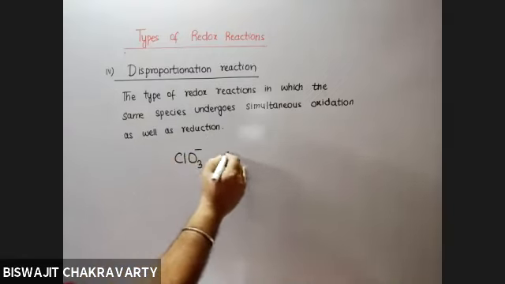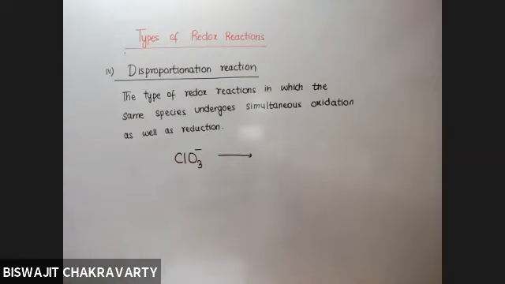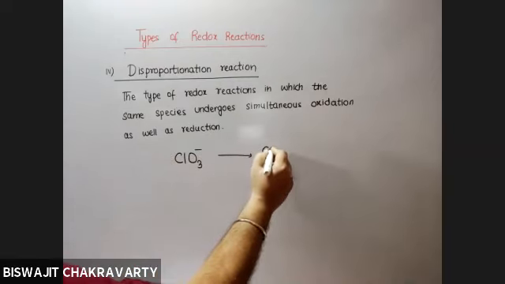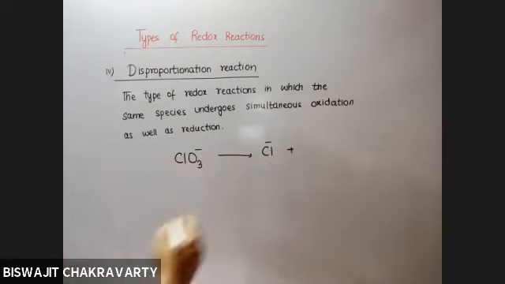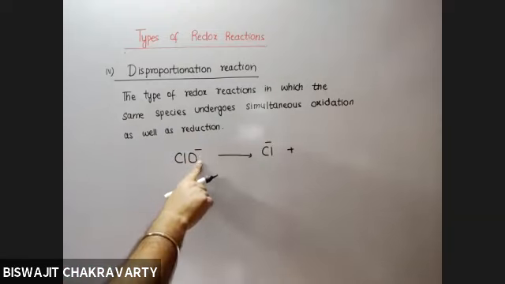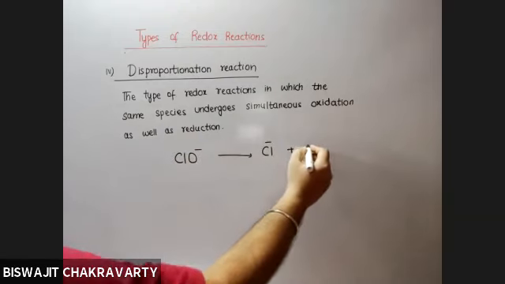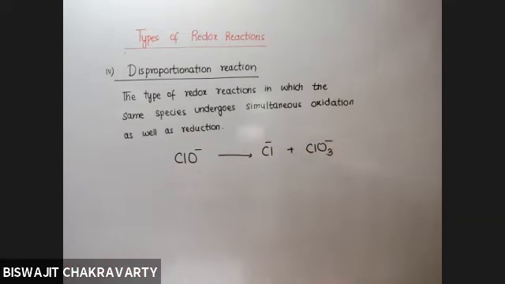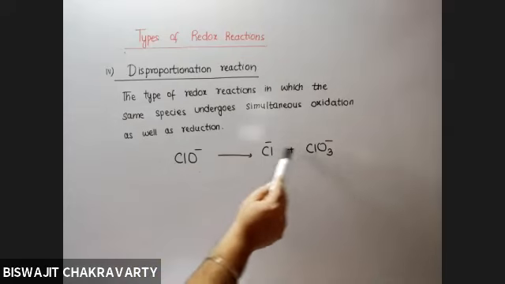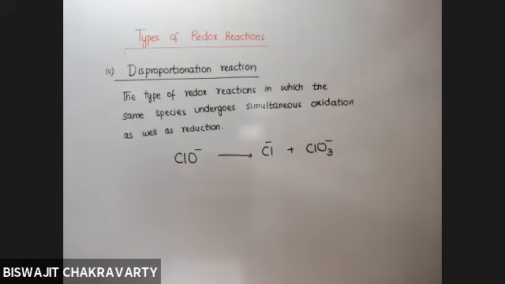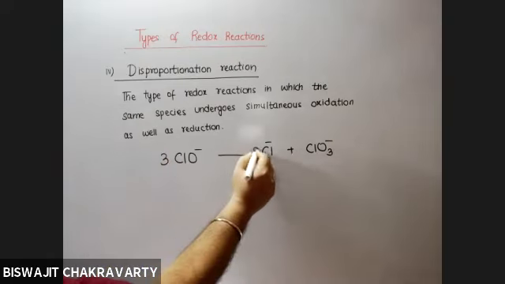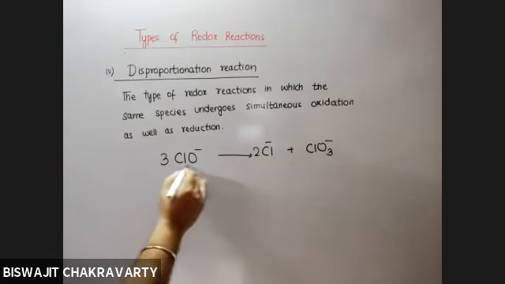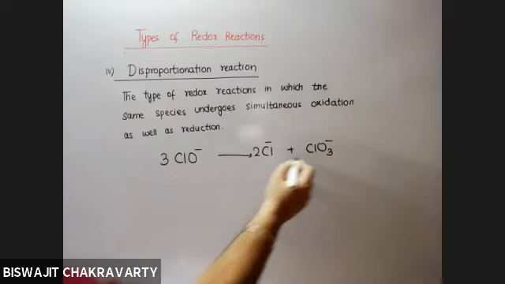ClO3 minus is changing to Cl minus, ClO minus changes to Cl minus, ClO3 minus. Now what I want you to do is to calculate the oxidation numbers of chlorine in all the three and tell me what is the oxidation number of chlorine in this, and this.